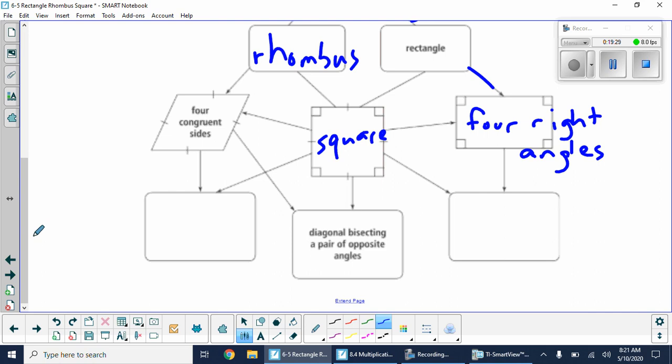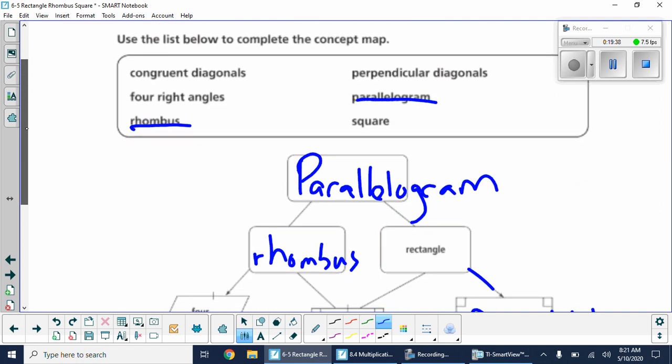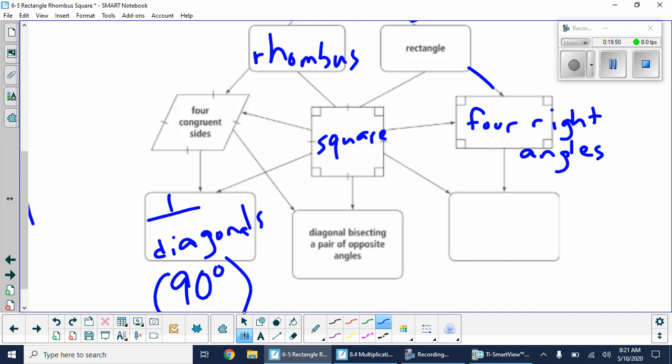Something else that's true is in a rhombus, we have perpendicular diagonals. I'm going to use this symbol. That means perpendicular diagonals, which means they make 90 degrees. And then also what's true is in a rectangle we have congruent diagonals.